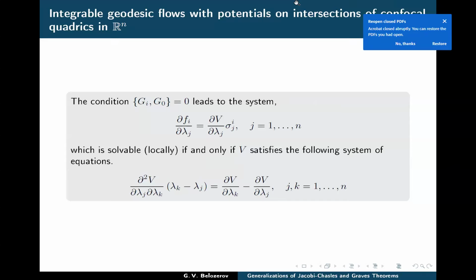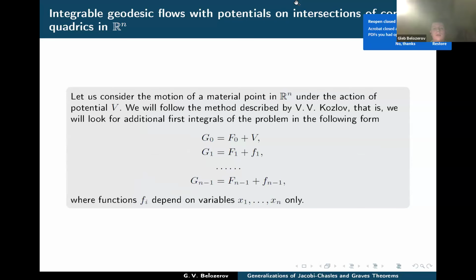And what is the method? We know first integrals of the problem without forces, or without potential, for the system where the point moves by inertia.